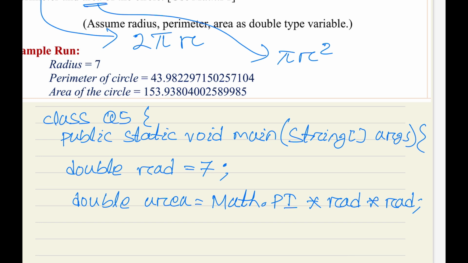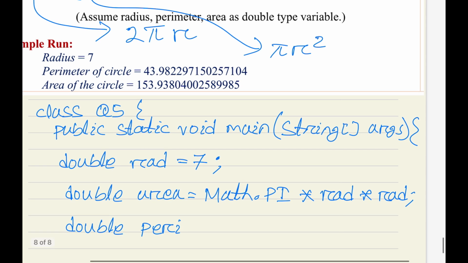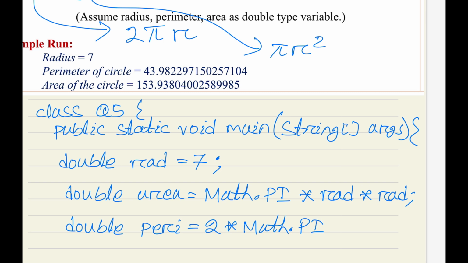So similarly we can compute perimeter. For simplicity we can write double. I am taking the variable peri for perimeter. That is equal to, the formula is 2 pi r. So I can write 2 into Math.PI into r, or simply we can write Math.PI into 2 into r.